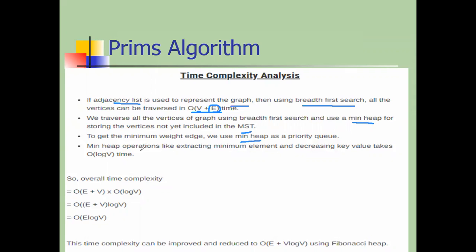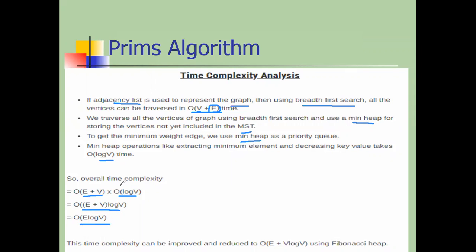Minimum heap operations like extracting the minimum element and decreasing key values take big O of log V. So the overall time complexity equals big O of E plus V, meaning V plus E, times log V. So the time complexity will be E plus V log V, and finally we can write E log V here.